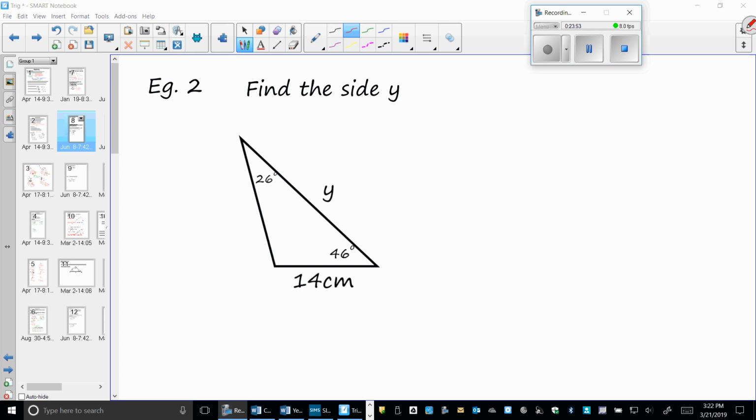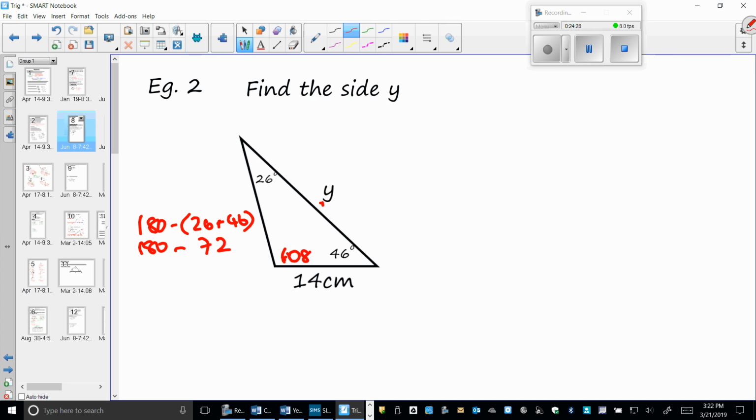What's our problem here? We need to know this angle here, and we can work that out because the angles add up to 180. So we're going to do 180 subtract 26 and 46, so that's 180 subtract 72, which is 108.